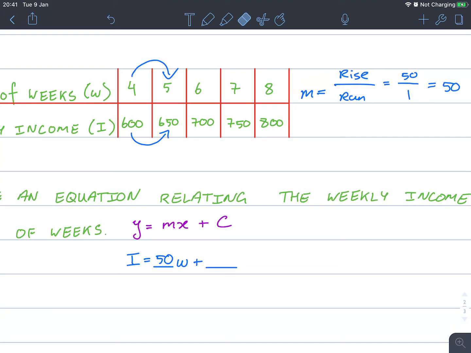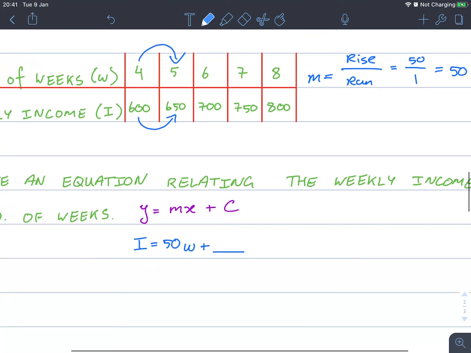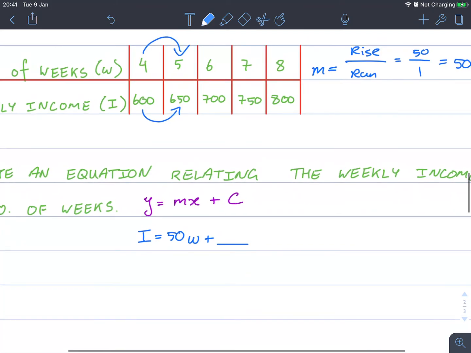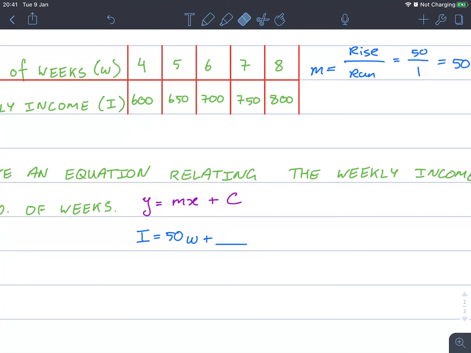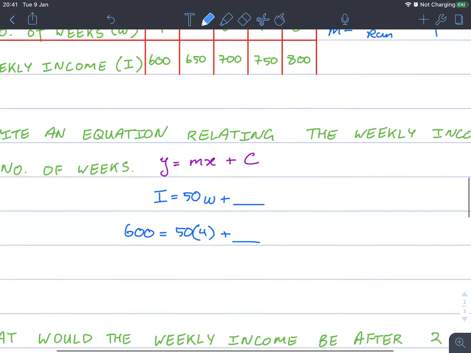Okay, so we're nearly there. Now to find this last value here, what we can do actually is a neat little trick. If we substitute 4 into W for weeks, we should be getting 600. So let's write that in. So 600 into I is equal to 50 W. So 50 times 4 plus something.